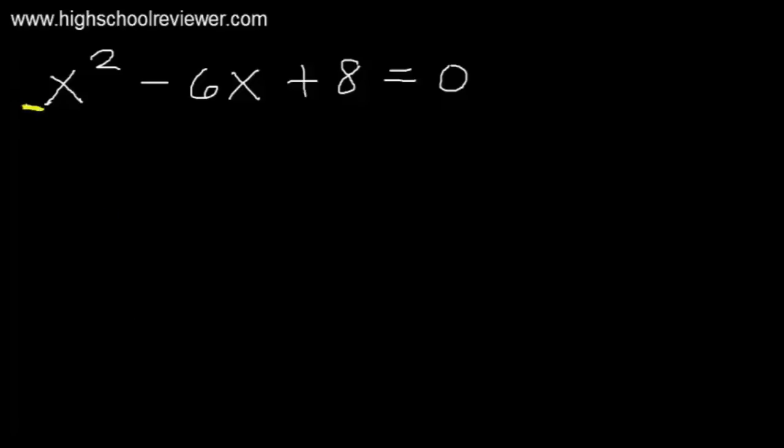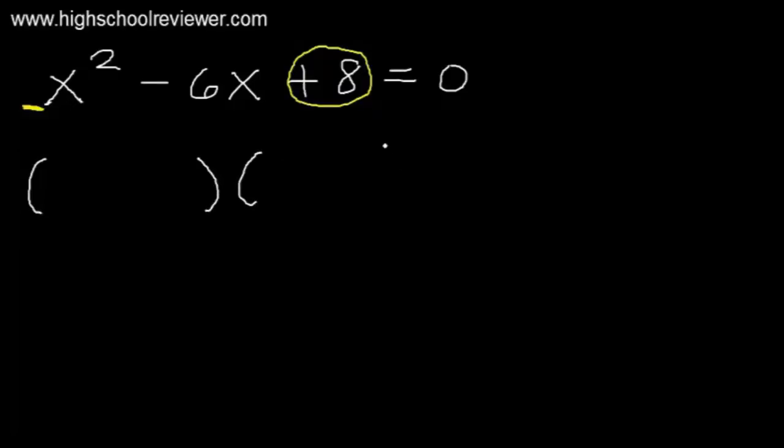So since there is no number before x, we will base our factoring on the last term, which is positive 8. Okay, so what we are going to do, we are going to have here two sets.